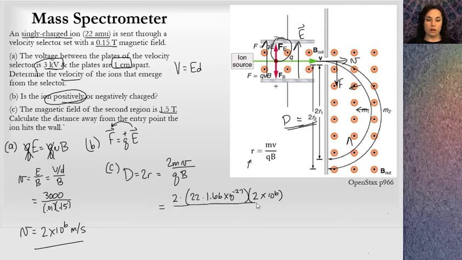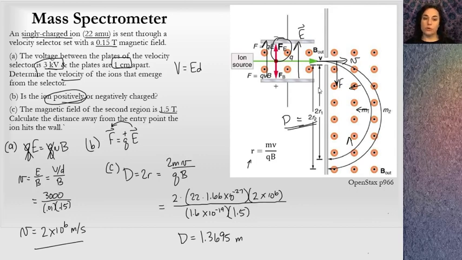I'm going to take all of that and divide by the charge. It's a singly charged ion, 1.6 times 10 to the negative 19th, and the second magnetic field is 1.5. When you run all that through the calculator, you get that distance D to be 1.3695 meters, about 1.4 meters.